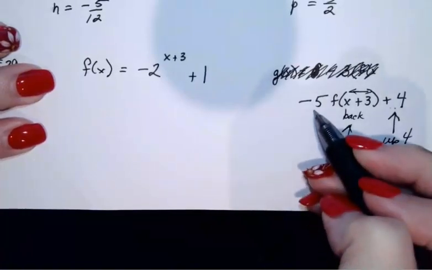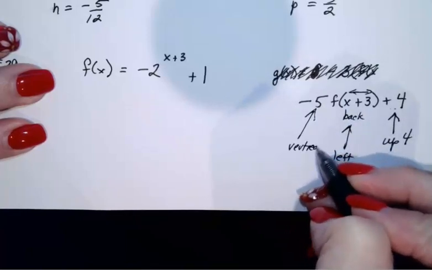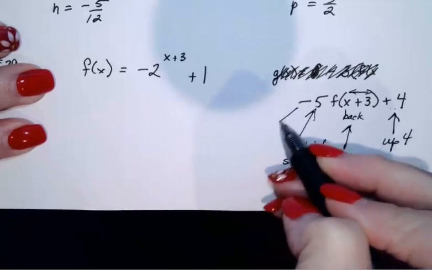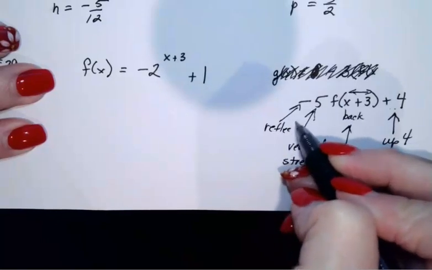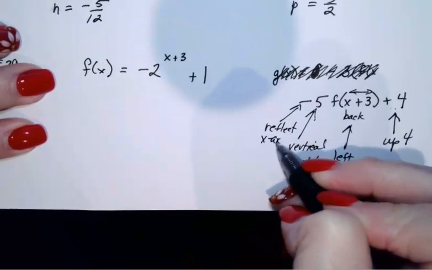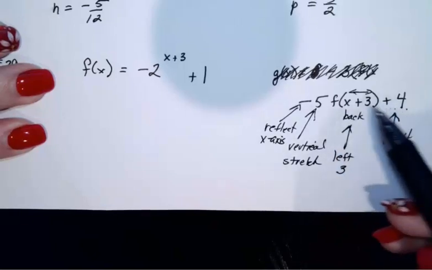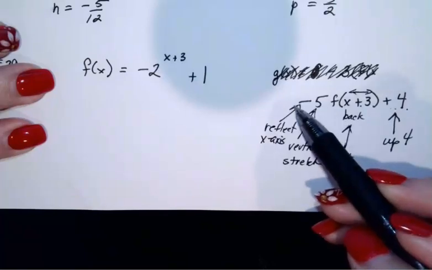Now anything that multiplies is a vertical stretch. And anytime there's a negative, that's a reflection over the x-axis. We've been doing that all year long. Up and down, left and right, stretch or compress, reflect.